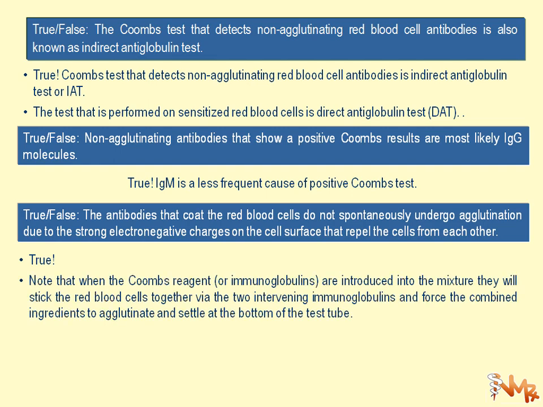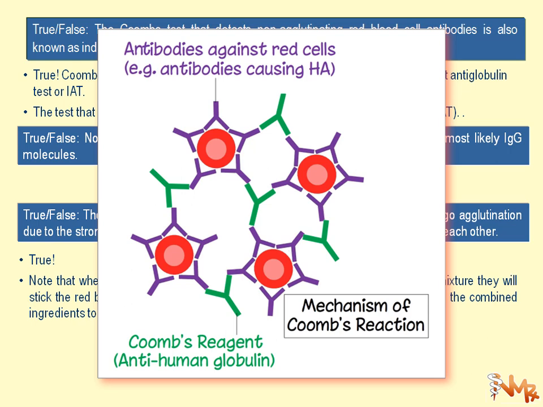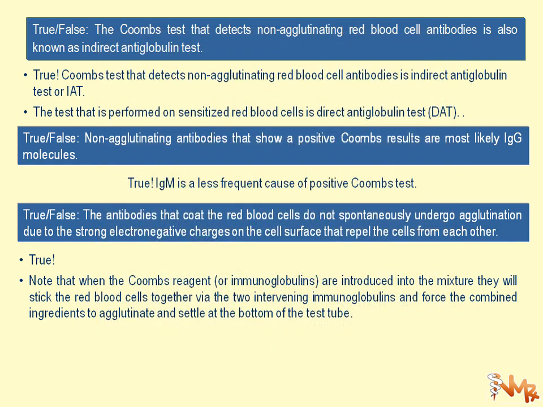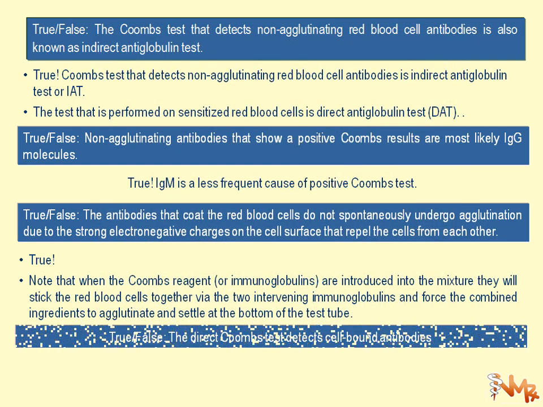Note that when the Coombs reagent or immunoglobulins are introduced into the mixture, they will stick the red blood cells together via the two intervening immunoglobulins and force the combined ingredients to agglutinate and settle down at the bottom of the test tube.